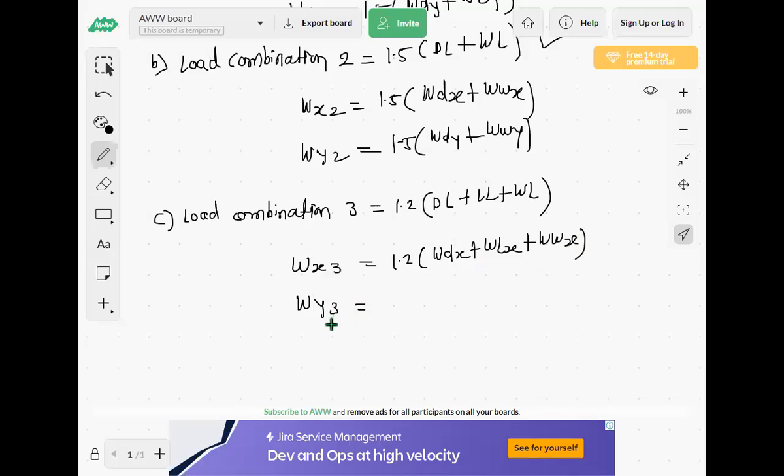It means the third load combination in the direction of Y is 1.2 into WDY plus WLY plus WWY. So these are the load combinations we have to consider while designing the purlin.